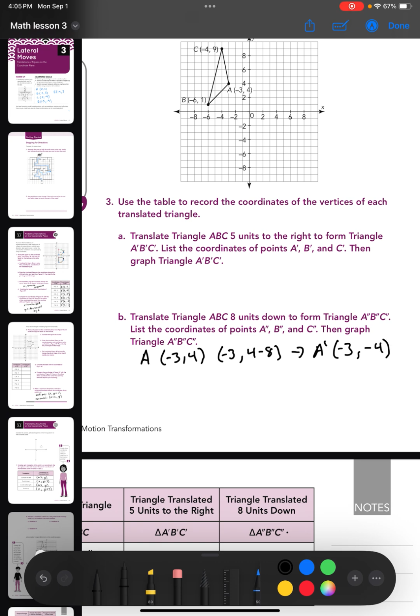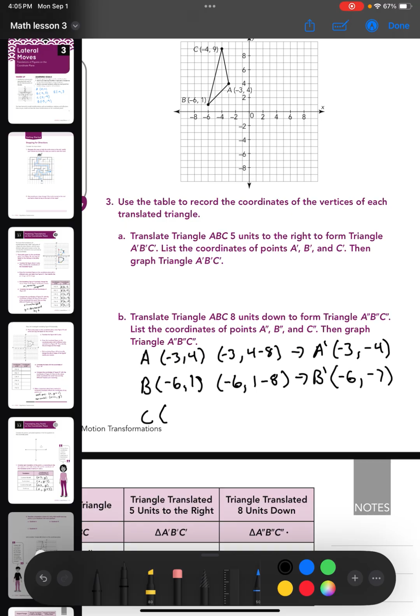And that's the process we're using to find each point. So for B, the original B is at -6, 1. We're going to move that to -6, 1 minus 8 to go 8 units down. So our new B is at -6, -7.